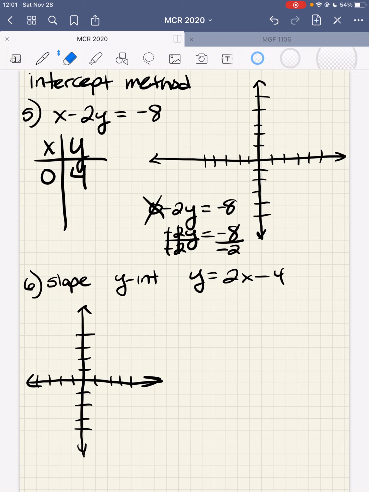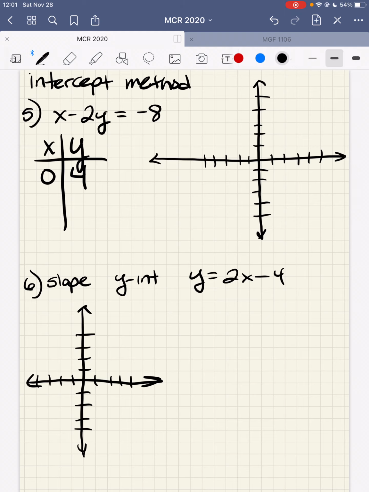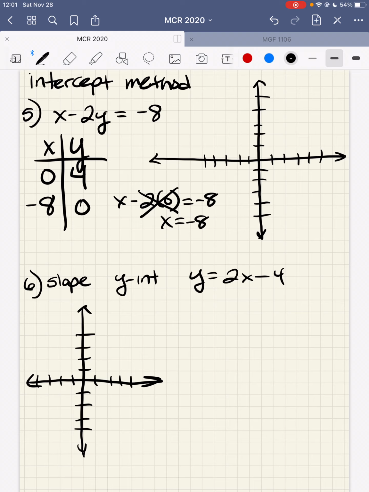I'm going to do the same thing, but now I'm going to plug in 0 for y. I have x minus 2 times 0 is equal to negative 8. This piece goes away, so x is equal to negative 8. So I have my 2 points, and I can go ahead and graph it.